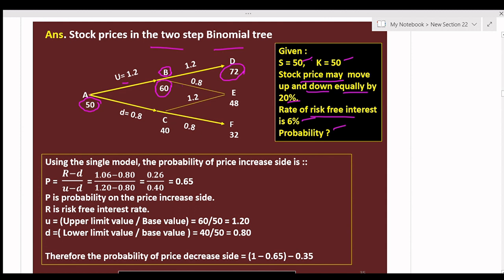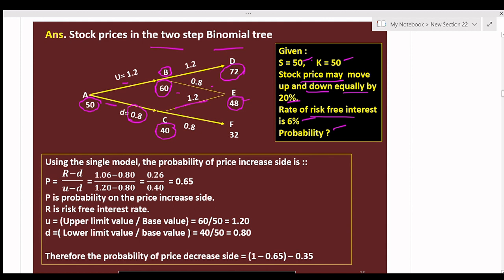And from node B there is also a branch, that is it will move down by 20%, that is 0.8, 60 into 0.8, it will be 48. And from node A comes the decreasing line, decrease by 20%, that is 0.8, 50 into 0.8 is equal to 40.